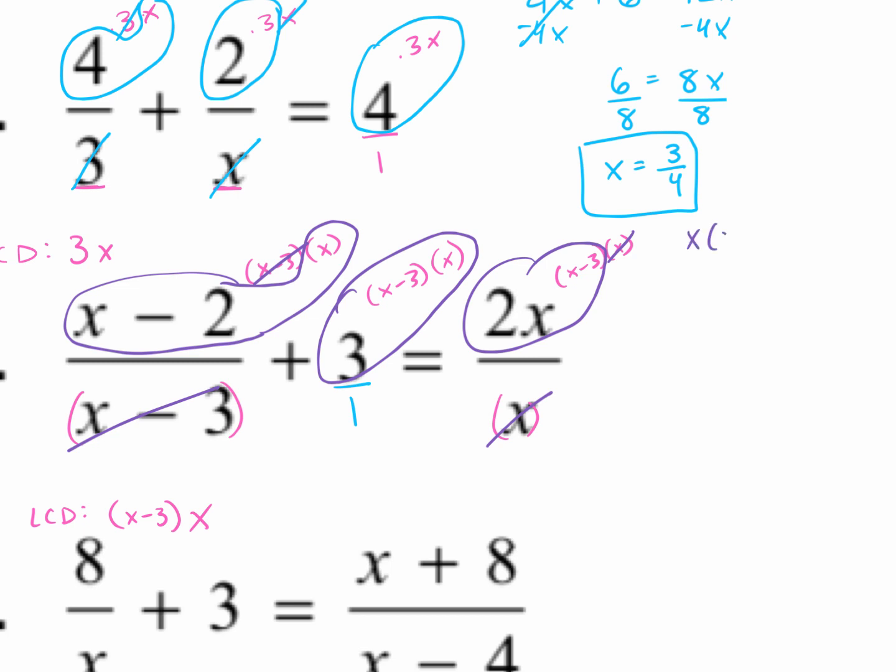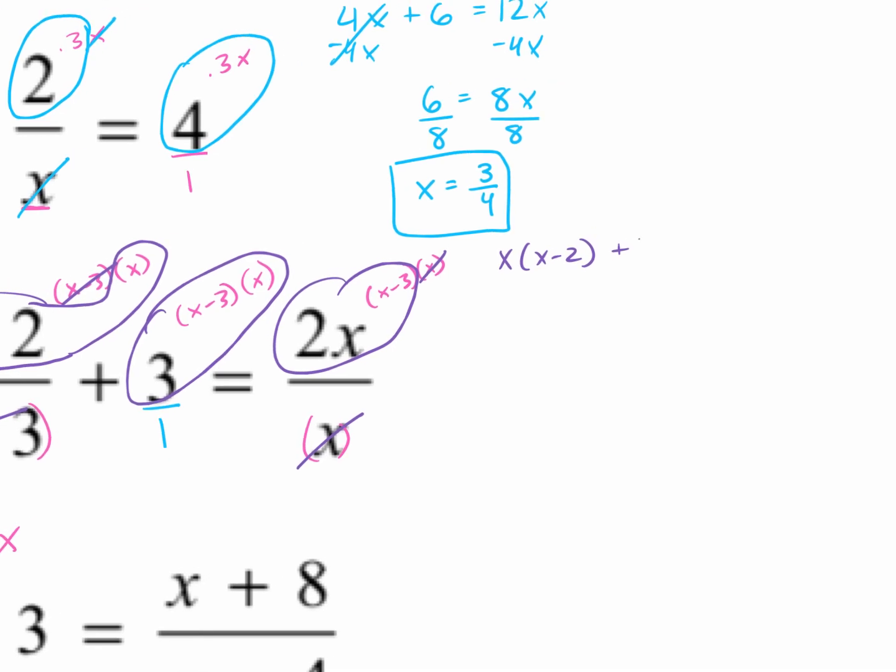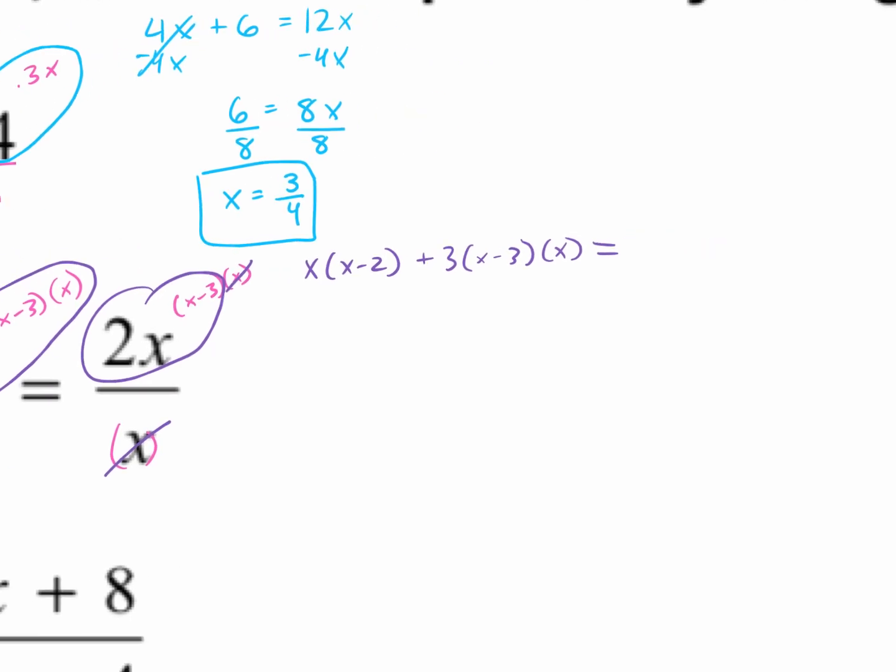I have x times x minus 2 plus 3 times x minus 3 times x is equal to 2x times x minus 3. All right, so it should just be this, because I accidentally multiplied that x to it, but the x cancels. Good catch.